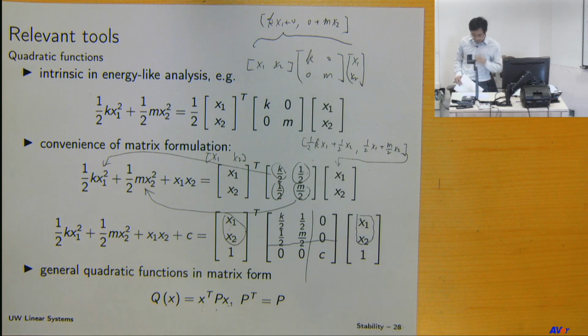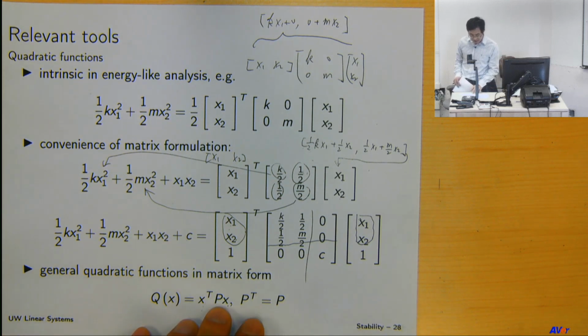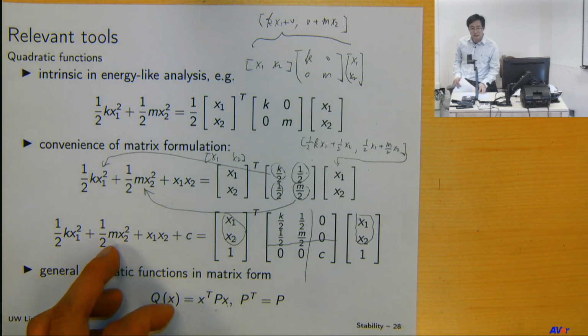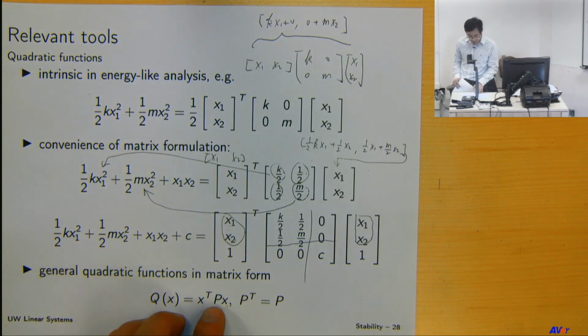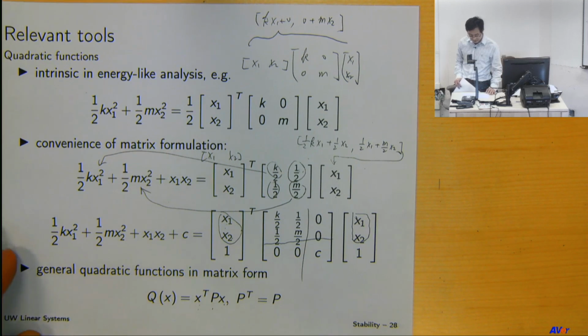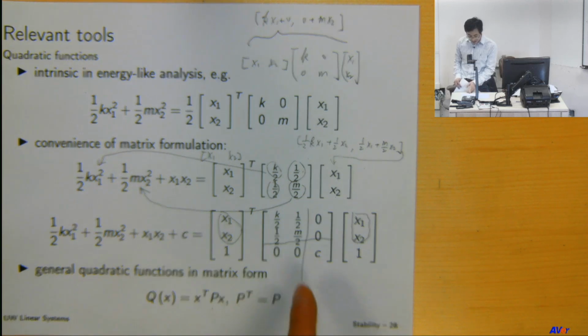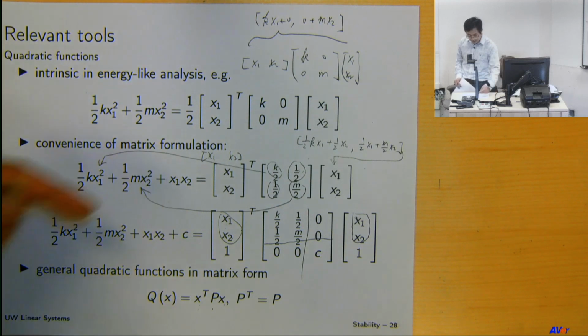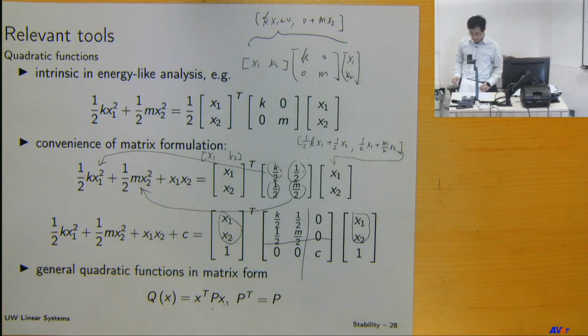Now once you write it this way, once you figure out this matrix P that describes your function, you can get all kinds of properties out of the function by taking a look at the P matrix. Out of the box, an immediate observation is that the P matrix in these examples is symmetric.